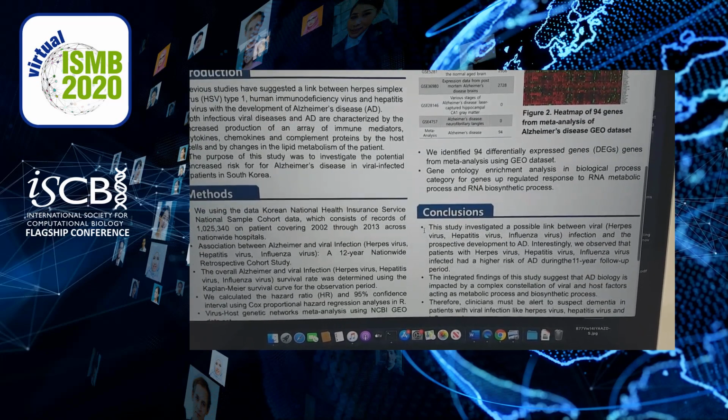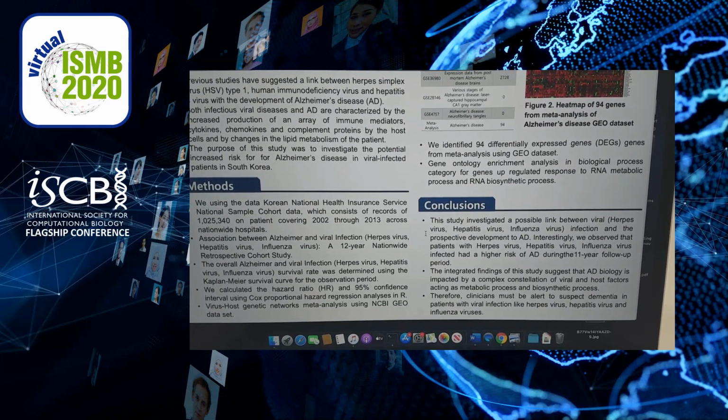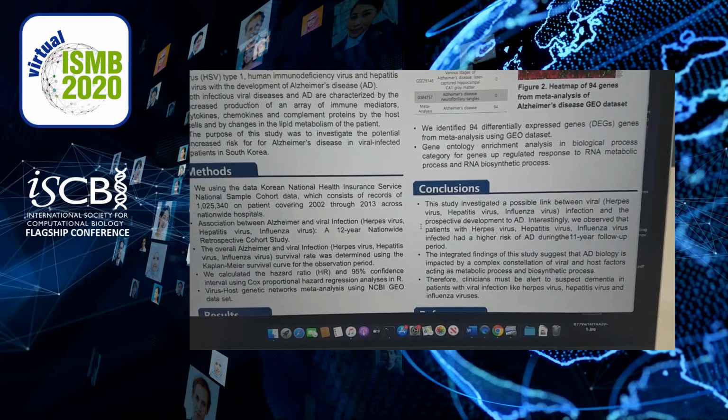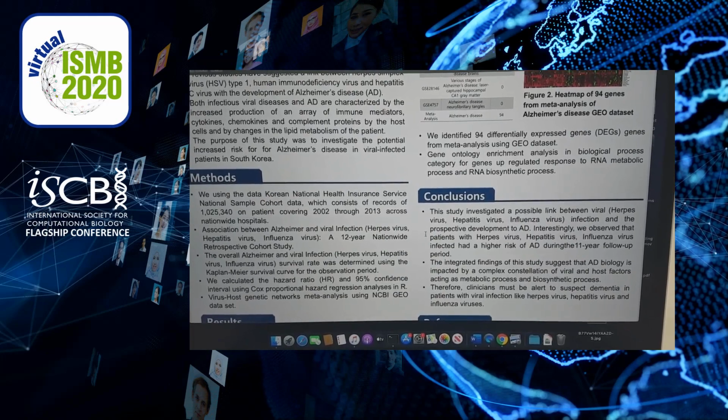So from these preliminary results, we can suggest that there's a possible link between viral infections and Alzheimer's disease.